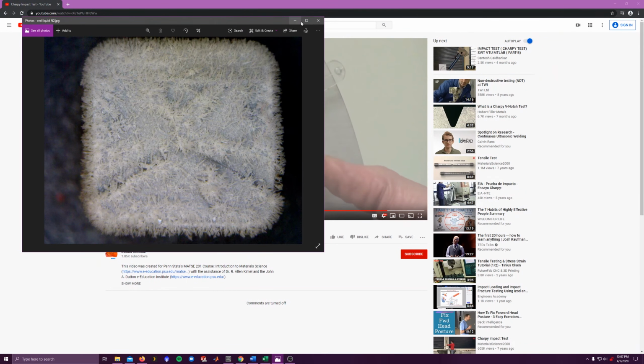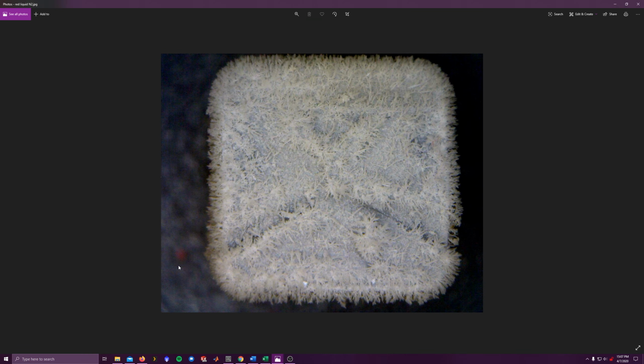And then this is just another picture. This was for the red sample, so the other steel specimen. This is under liquid nitrogen as well. And you see here we have all these ice crystals. That was just because they didn't wait long enough to have this evaporate off, but it kind of looks cool.